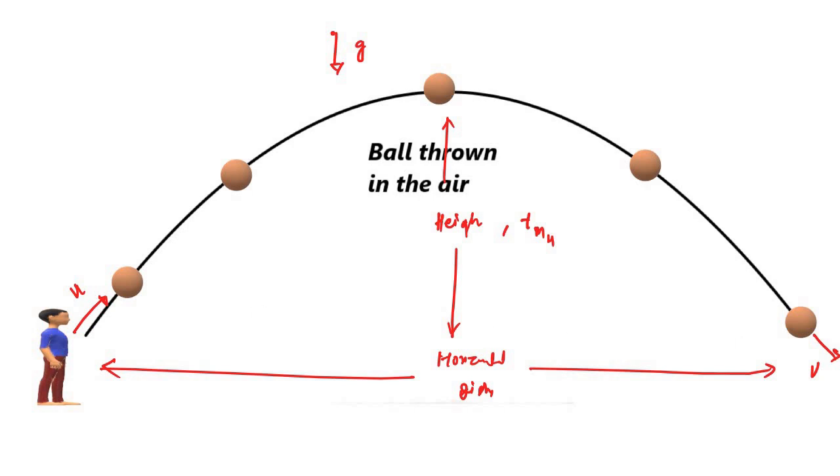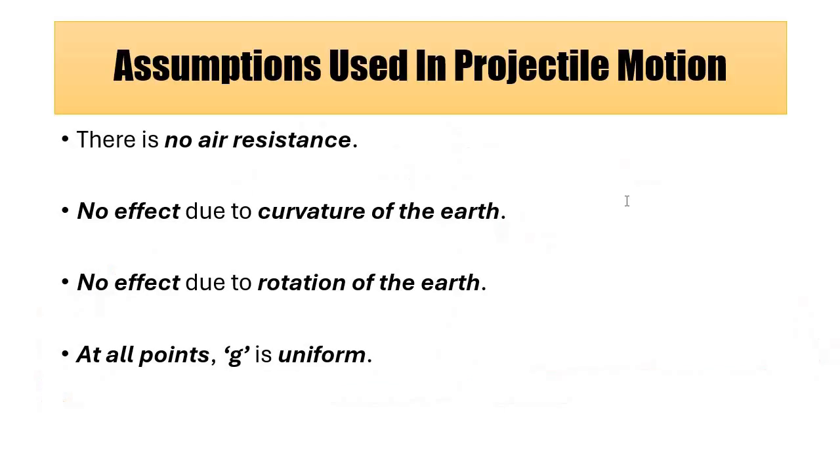So here what you have to understand is that there are a lot of assumptions which are taken while we consider the motion of the projectile. First, air resistance is considered negligible, no effect of air resistance. Actually it is there, but here for simplicity we are neglecting air resistance.